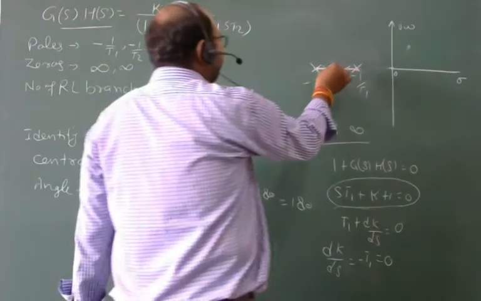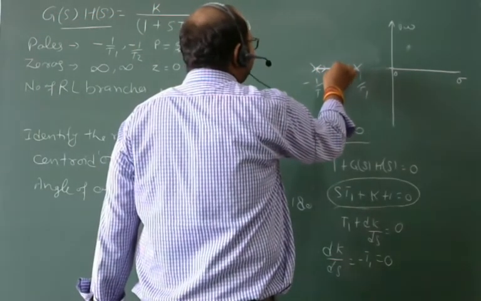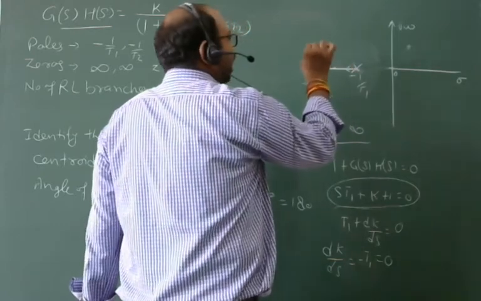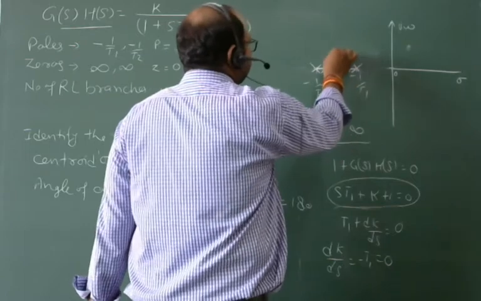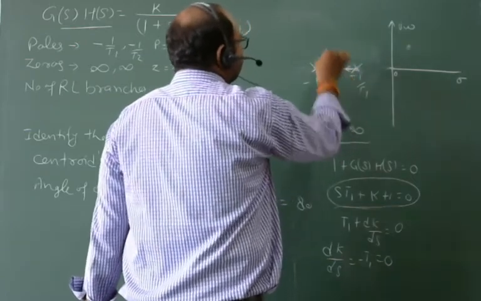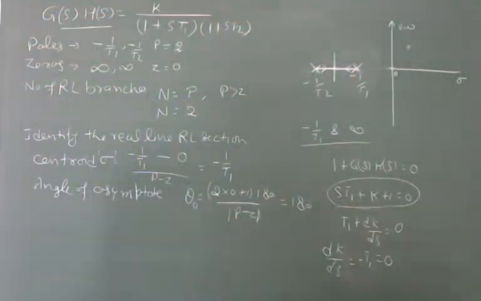These two branches will meet at a point and then they will break from this point. And therefore, in this case, we will have a breakaway point.